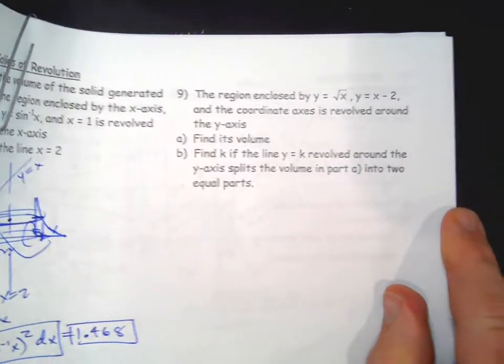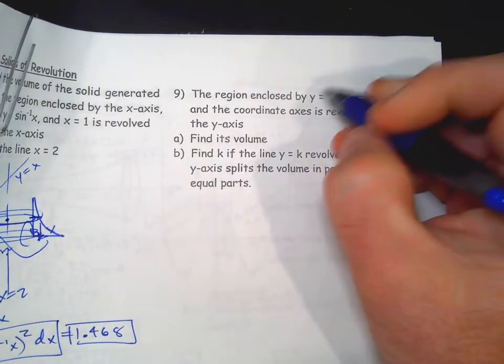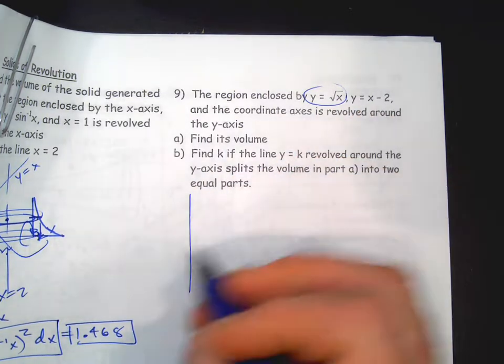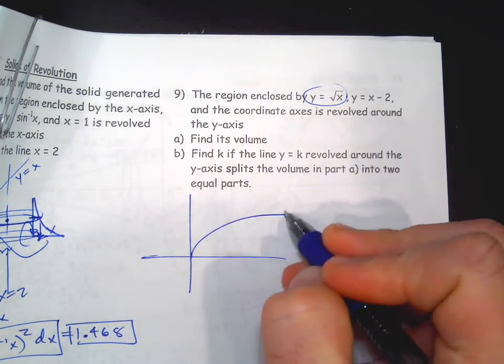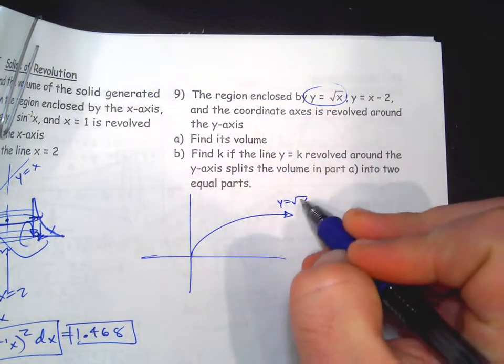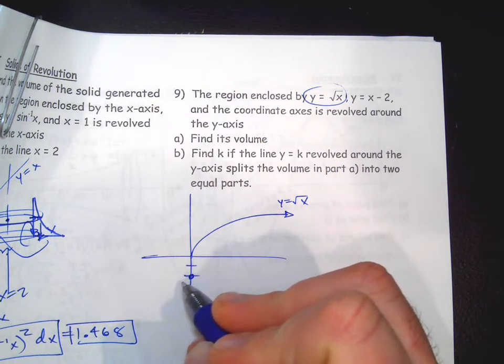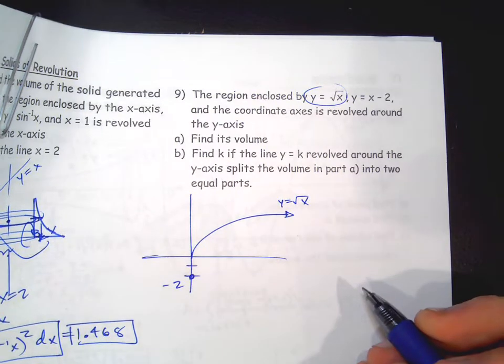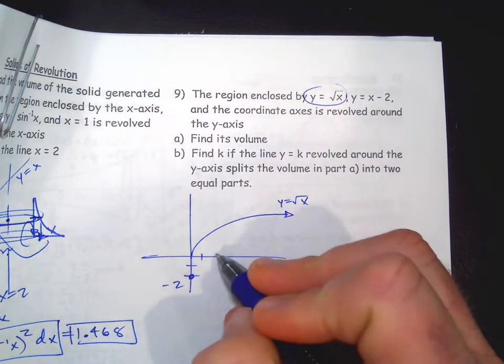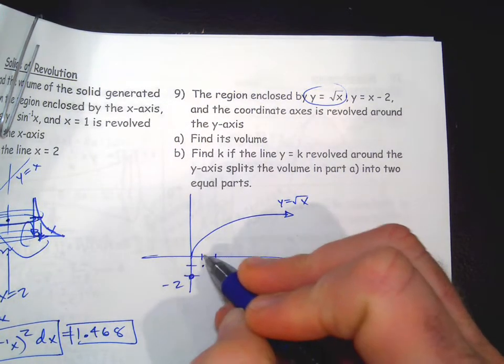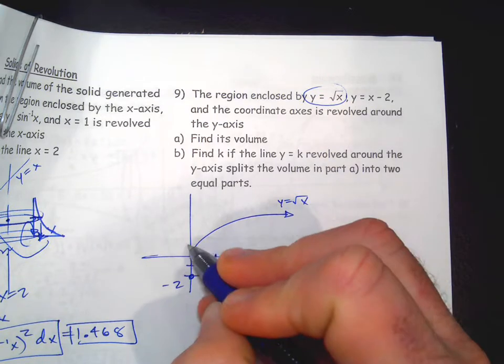Okay, number 9 says the region enclosed by, we're trying to find the solid, root, that's a sideways square root, right? Line x equals -2, y equals x minus 2. So that's the y-intercept, and then the slope is 1 up 1 over, 1 up 1 over, 1 up 1 over.